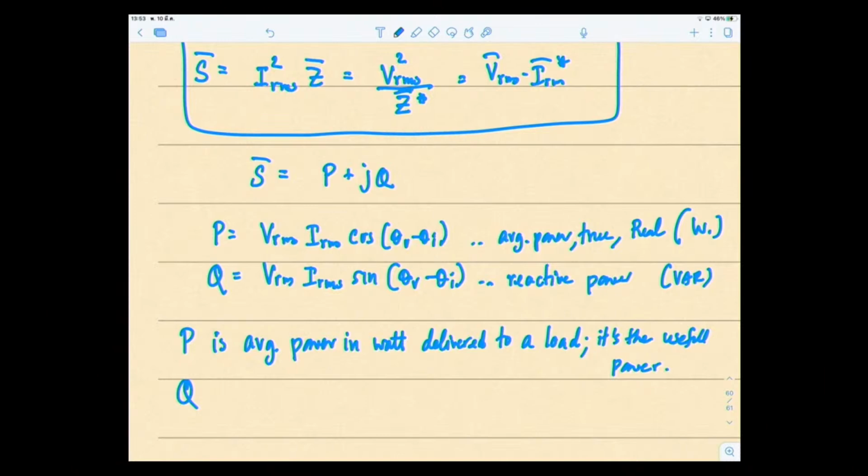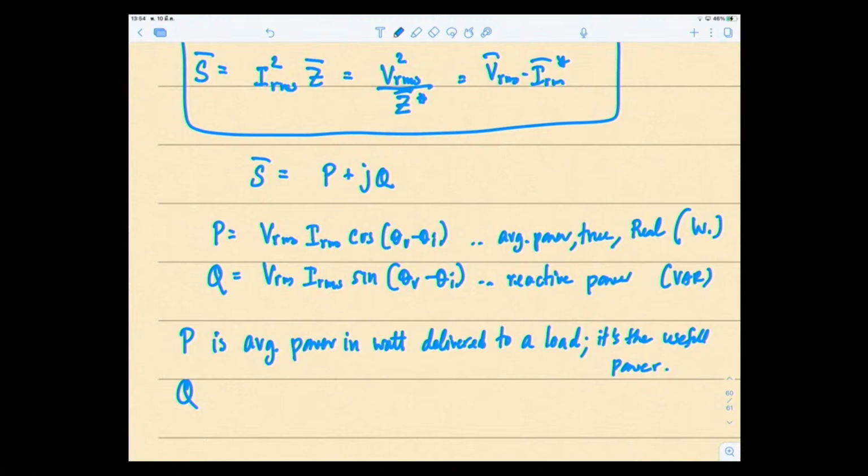Whereas for the real power or average power, in the case of an inductor or a capacitor, ideally all energy stored by an inductor during the positive portion of the power cycle would be returned to the source during the negative portion of it.